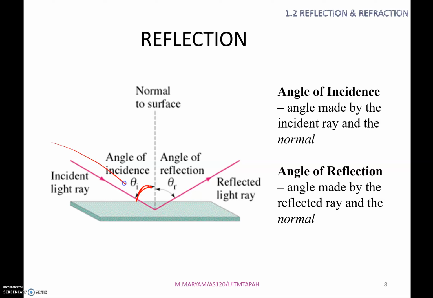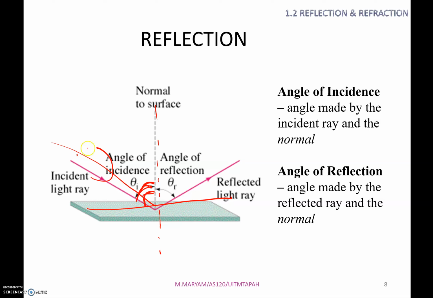For example, light is coming from here, it hits the surface, and the light ray or the path that it goes through will create an angle between the normal to the surface and the light ray. The normal to the surface is simply a line that is perpendicular to the surface where the light hits.